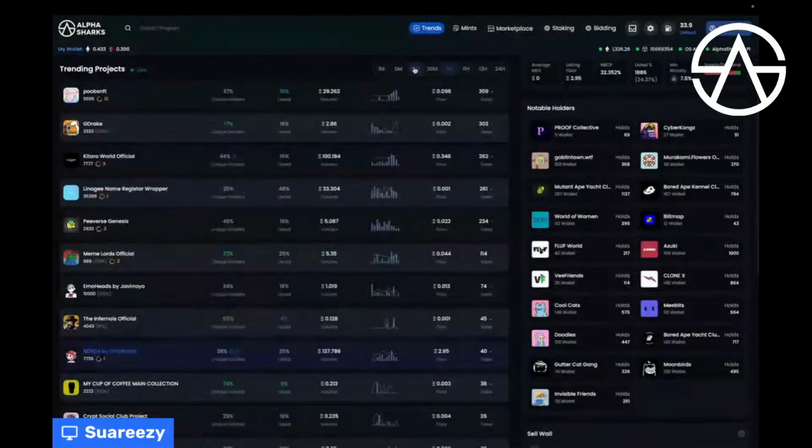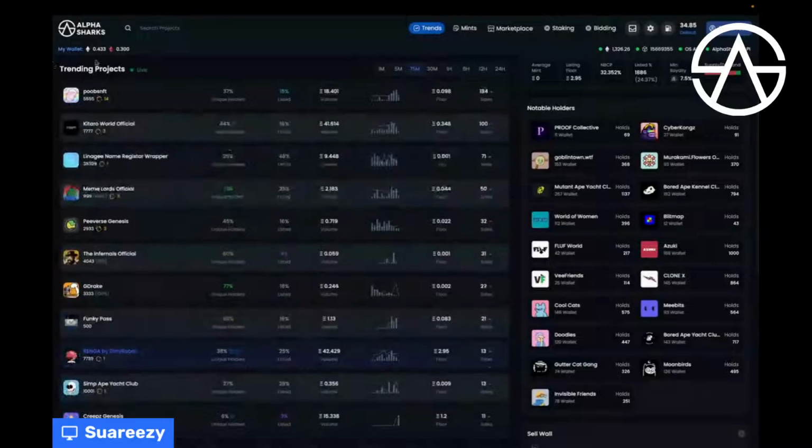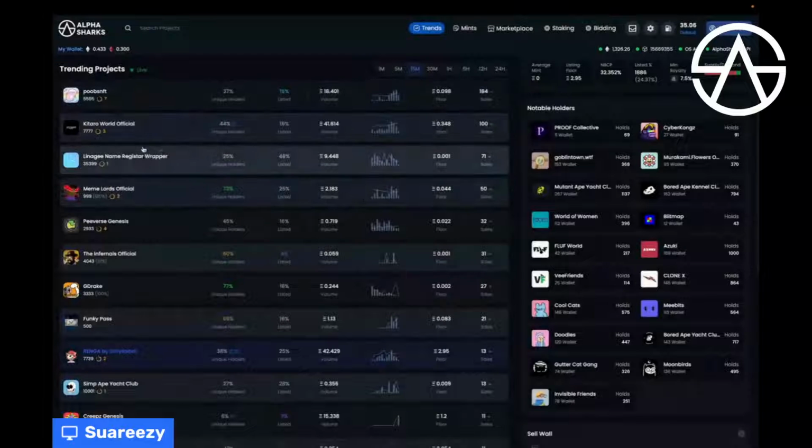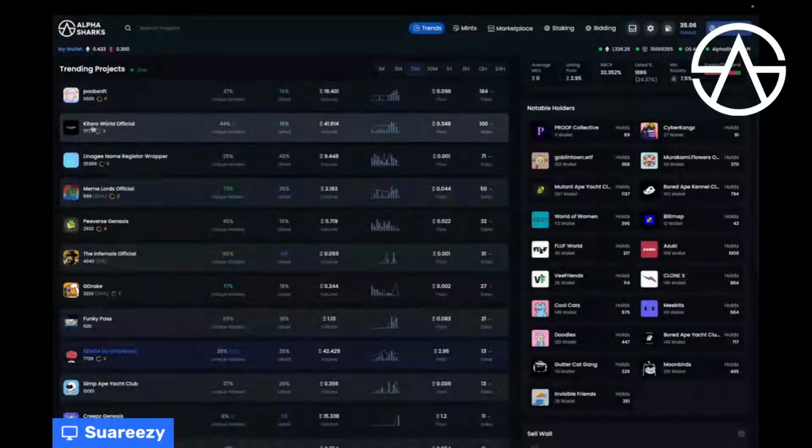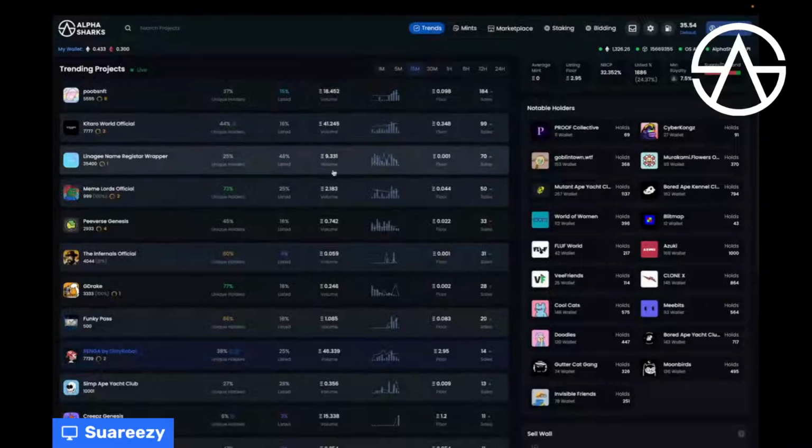So it's going to be something like a 15-minute. And again, we can see the ones that just popped out right into our face. So Poobs NFT, Kataro, Lineage, and Ranga, just based off the ETH volume traded. Again, this one not looking too crazy.